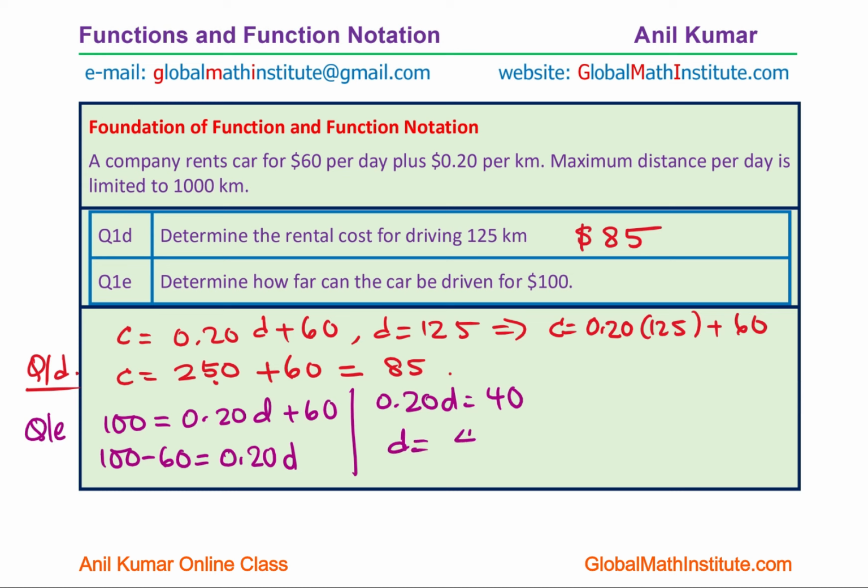And the distance will be 40 divided by 0.2, or 400 by 2, which is 200 kilometers. Make sense? Not difficult at all. All this we had been doing since grade 9.